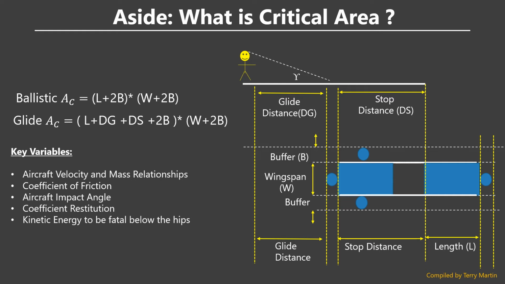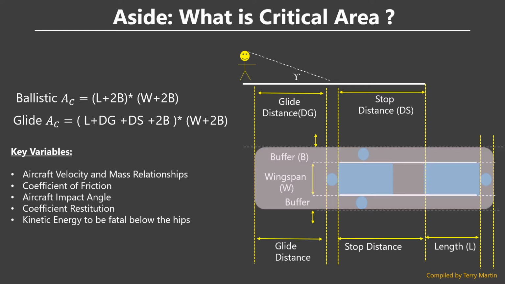There are a number of variables that impact this critical area, and one of the more important is glide angle, the coefficient of friction that's assumed, and how much energy absorption occurs from both the ground and the platform at the point of impact, because that obviously will slow down the vehicle's momentum and kinetic energy. There is also the assumption that for small platforms, a collision in the skid with the lower limbs by sub-1 meter platforms may not be fatal.